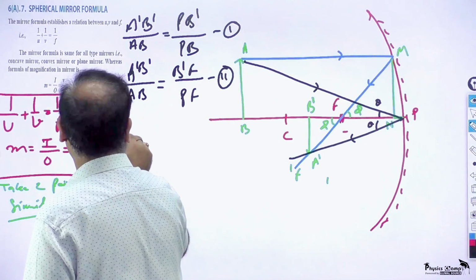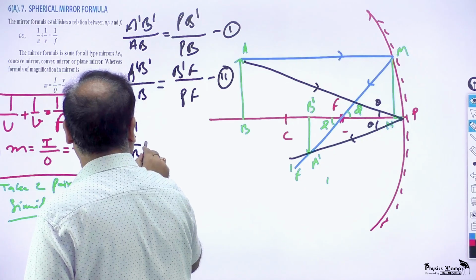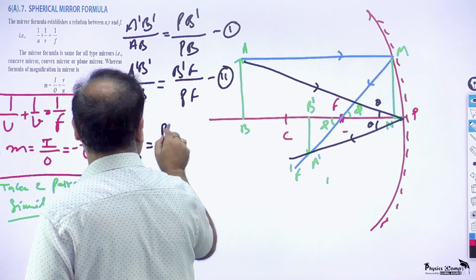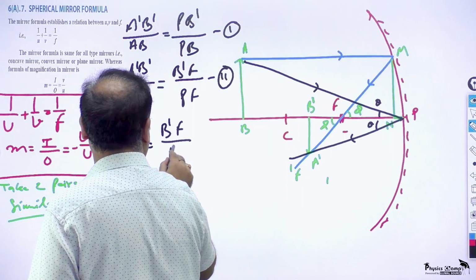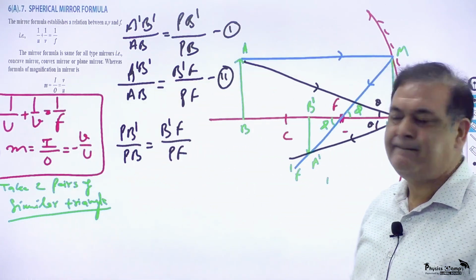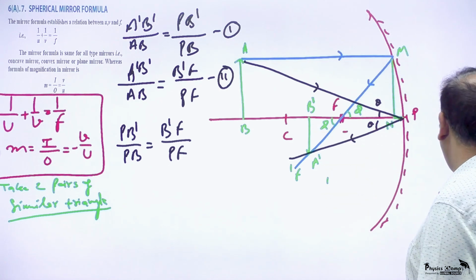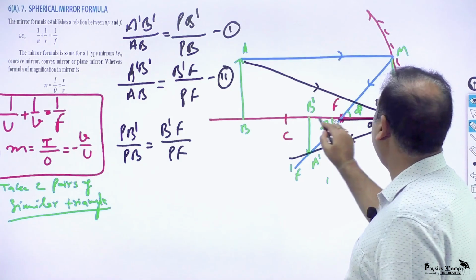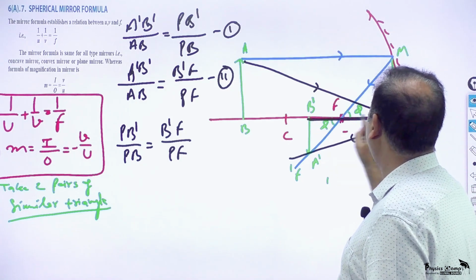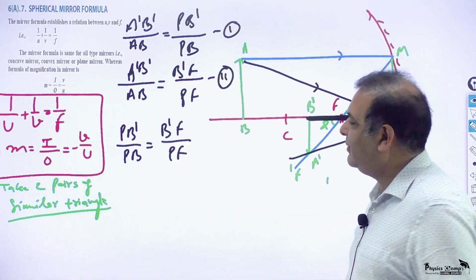PB dash by PB is equal to B dash F by PF. Now how much is PB dash? What will you call this distance, PB dash? It is minus v.